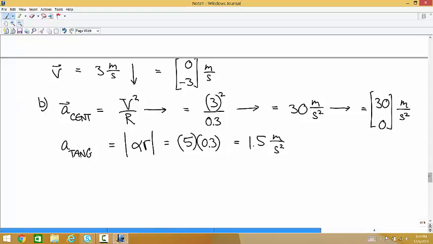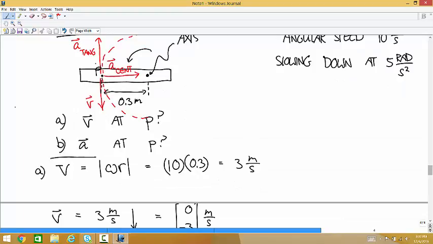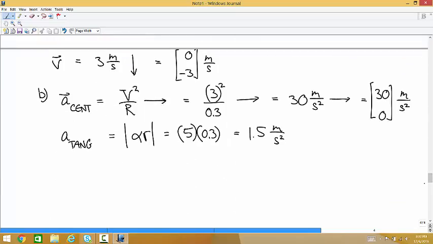And we already figured out the direction of the tangential acceleration is up. So the tangential acceleration vector is 1.5 meters per second squared up, which is 0, 1.5.